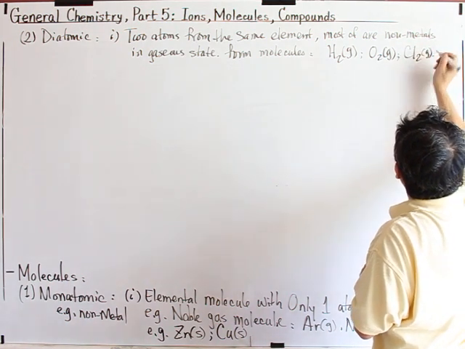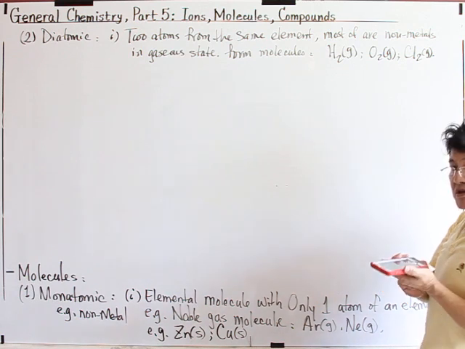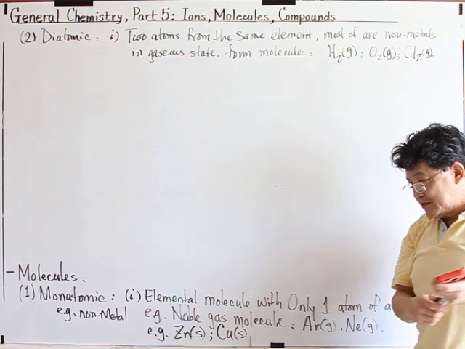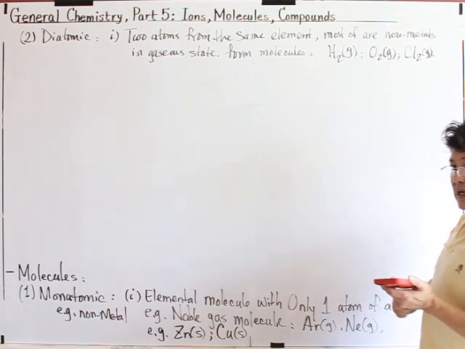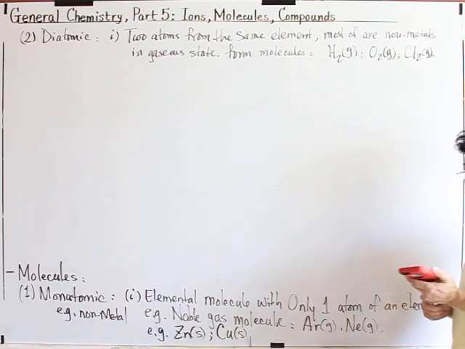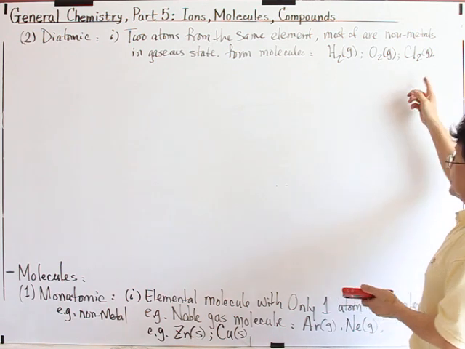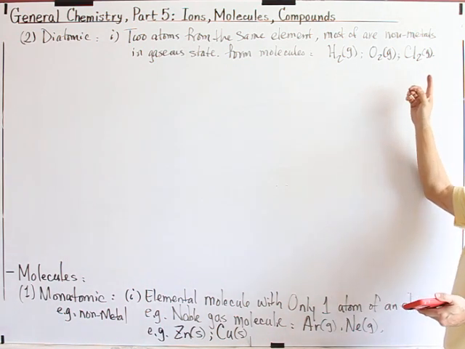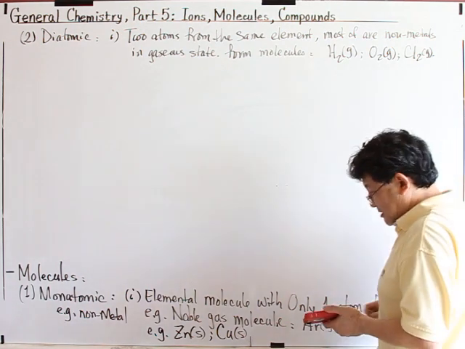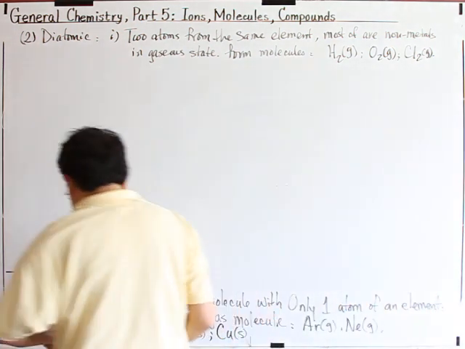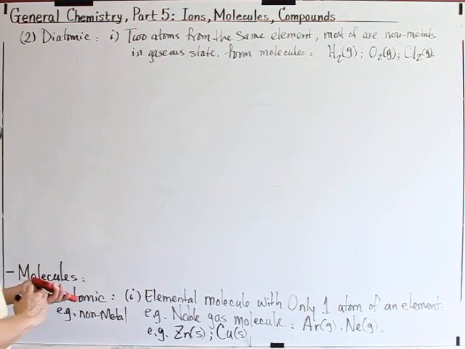Nowadays, chlorine gas is very essential to save our lives because we are using bleach to clean a lot of items in your household, and the ingredient is chlorine gas, or generated from hypochlorite. So these are diatomic molecules.